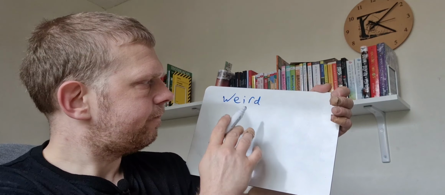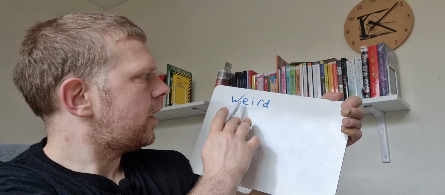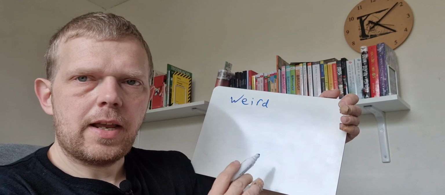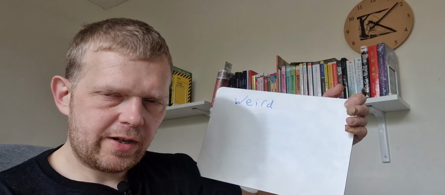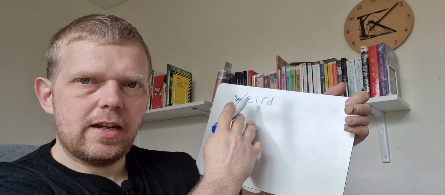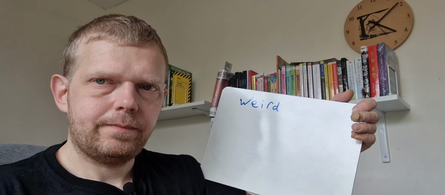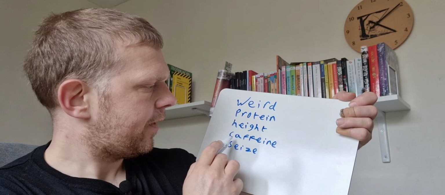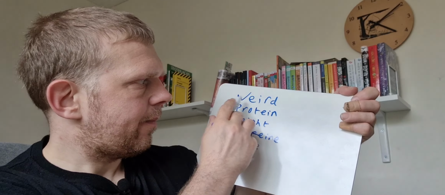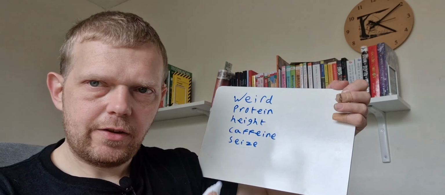Weird. E, then I. This breaks the rule. It is not I before E. And we have protein, height, caffeine. All of these break the rule.